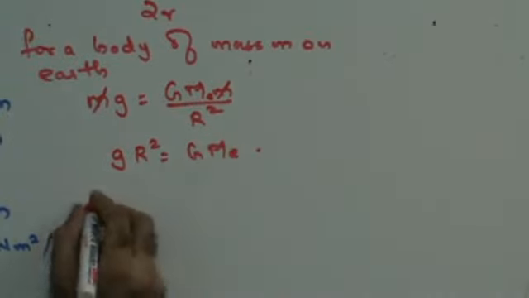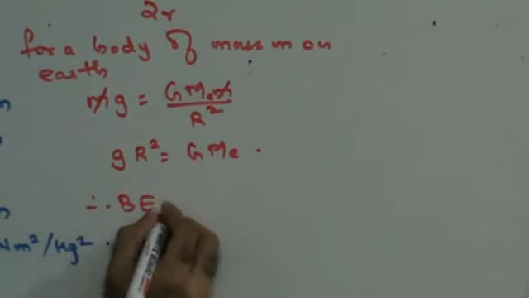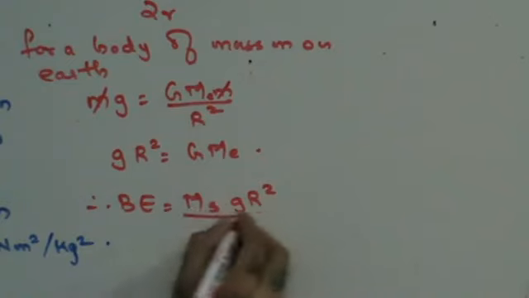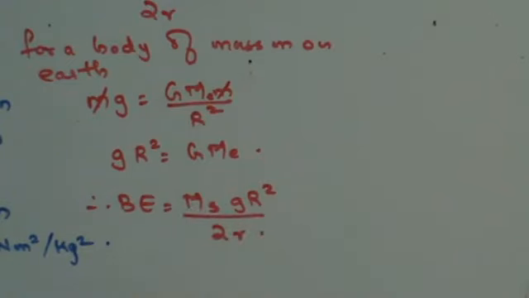If I substitute this there, I'll get therefore binding energy is mass of Sun into gR square upon 2R. G into mass of Earth can be substituted this way. Once you have this, you should be able to get the answer, because g, R, mass of Sun and radius all are given to you.